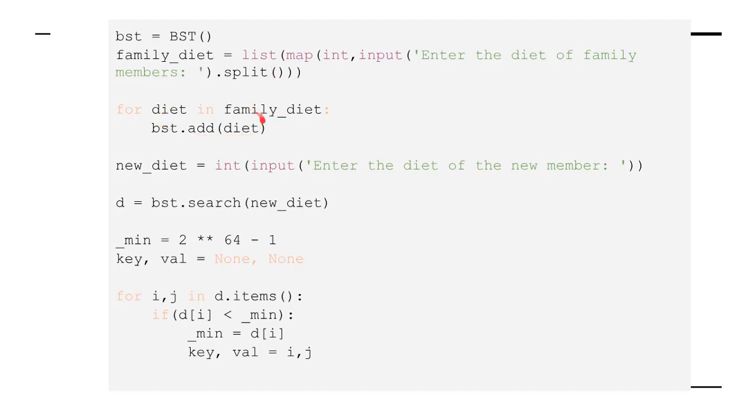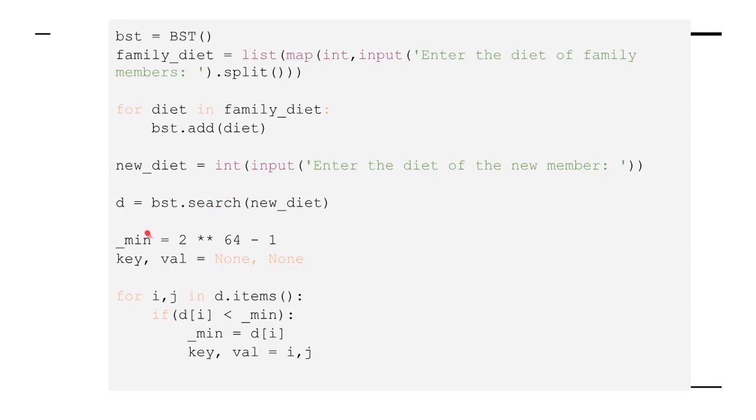Okay, moving on. I'm adding all the elements that I got here in the tree. I'm just calling the method to insert the element, and I'm using a for loop to traverse each element. Again a very simple step. And the next thing is that I'm taking the diet of the new guy who came later, after everyone sat the way they were meant to sit, in this step.